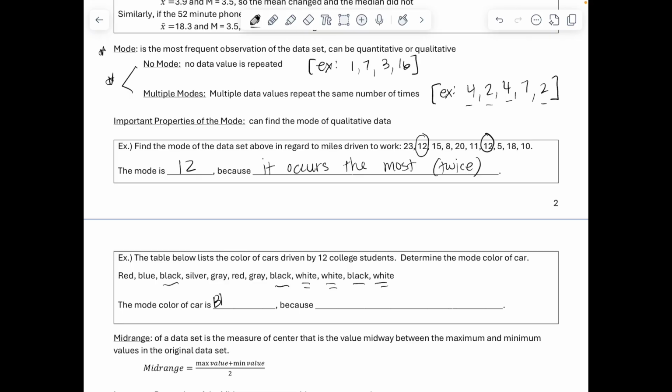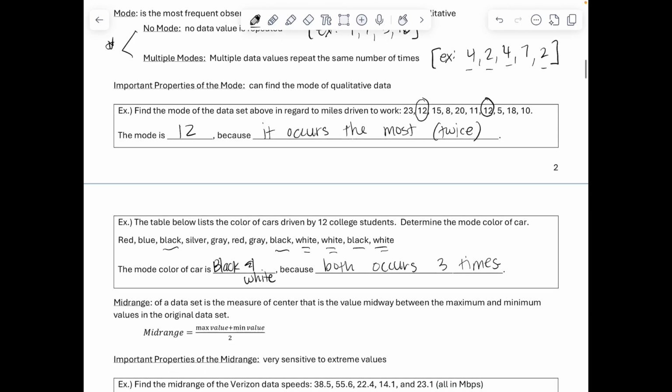So black and white are both our modes, and this is because they both occur three times each, which is more than any other color.